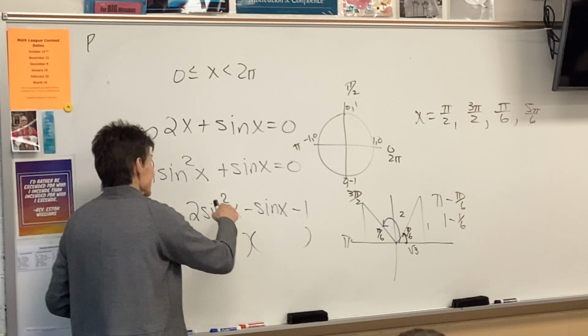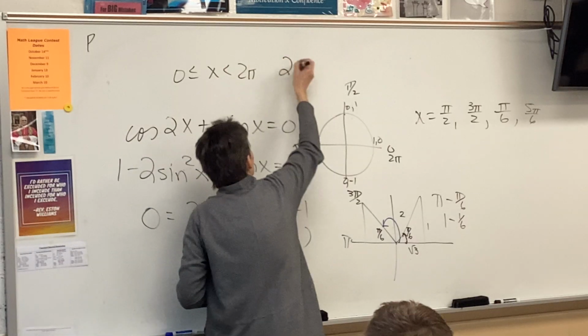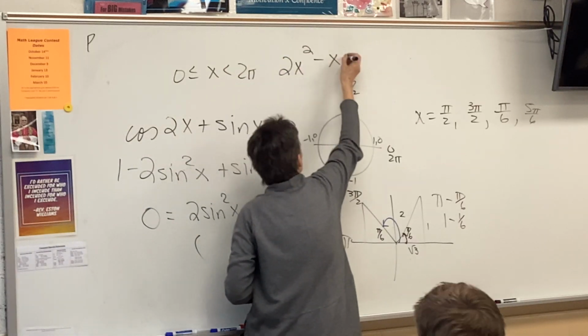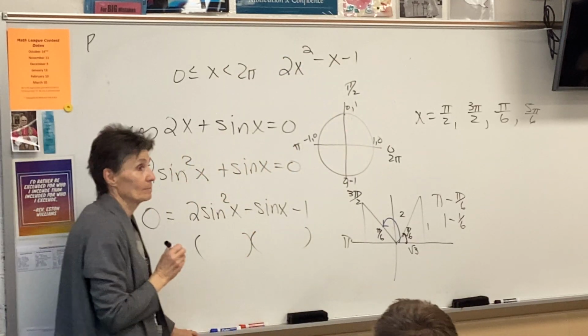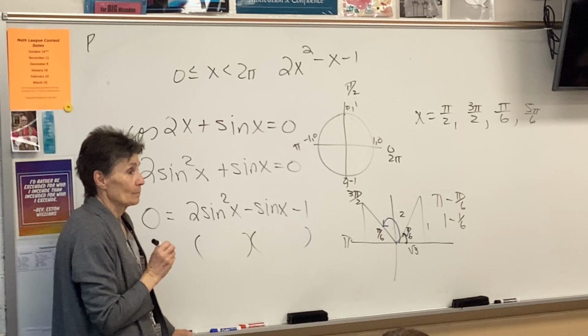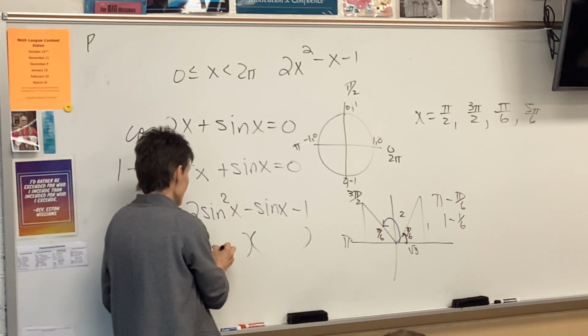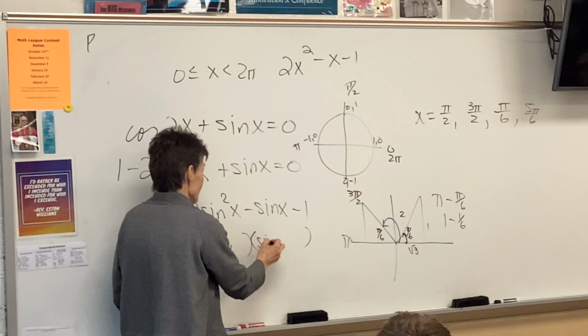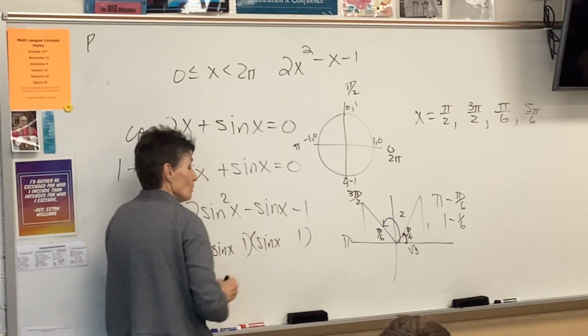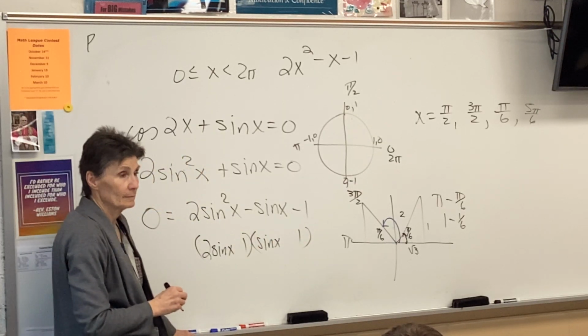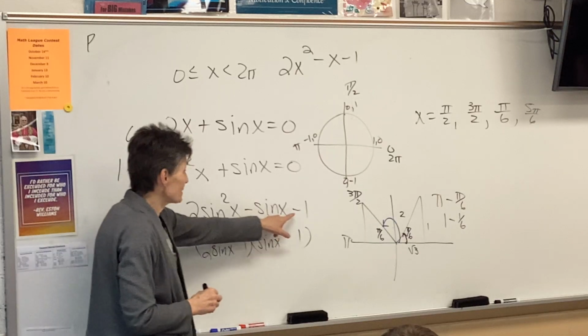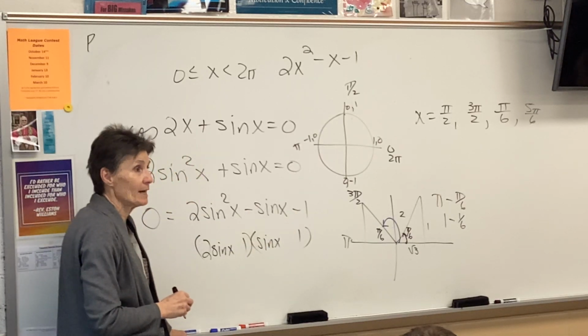Remember, that's exactly the same as this. So I need a 2 sine and a sine. Obviously a 1 and a 1. One of them has got to be positive and one has got to be negative.